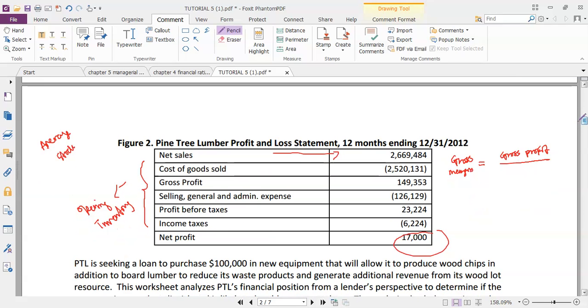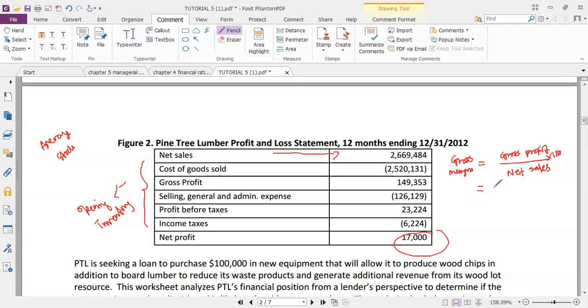You can choose the amount of sales, actually net sales. The formula is gross profit divided by net sales, then times 100%.